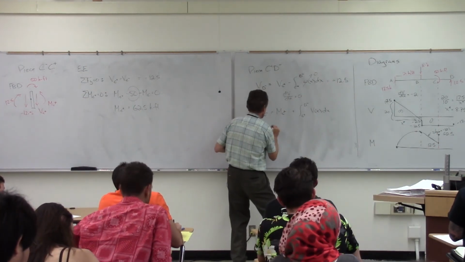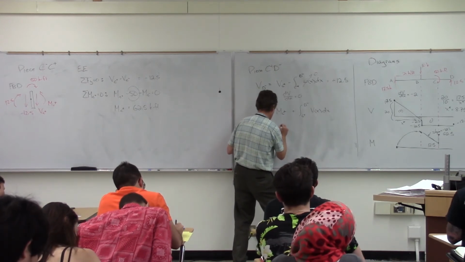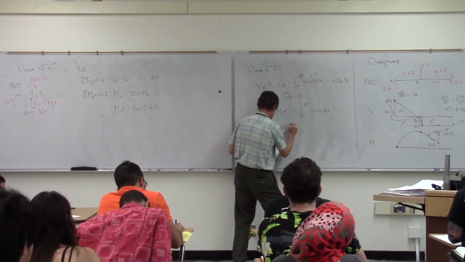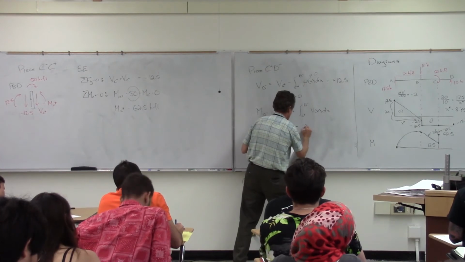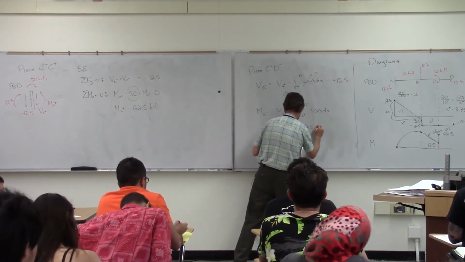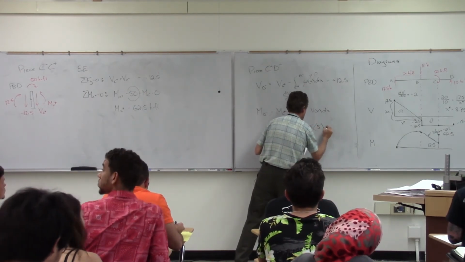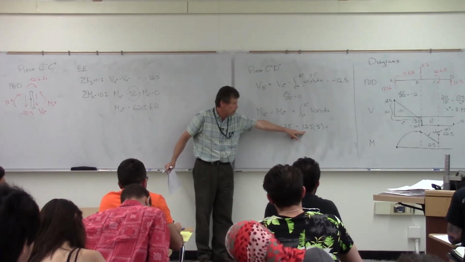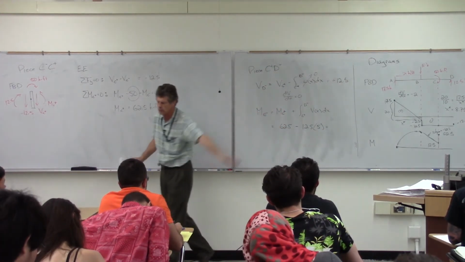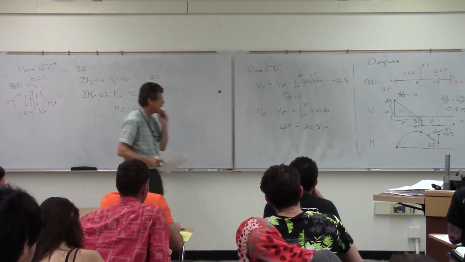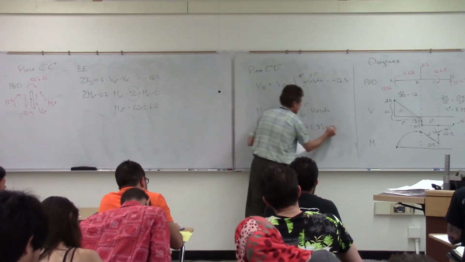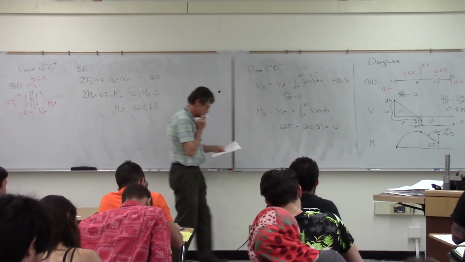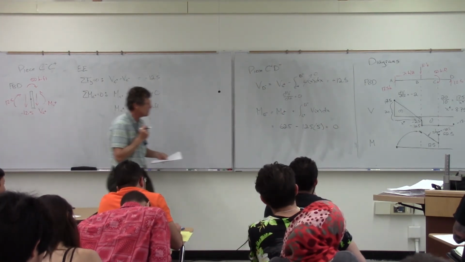So my moment starts off at, and then the area under the shear curve is just simply that minus 12.5 times that distance from C to D of 5. And that comes out as 0.